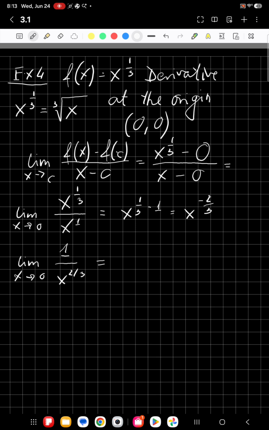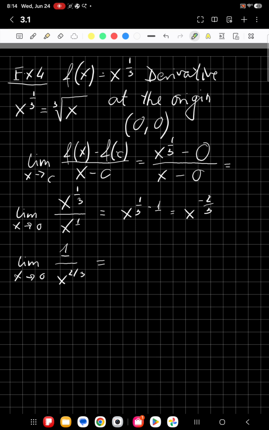Okay, so we can plug in some numbers, and if you do that, you'll see the denominator. You can plug in a couple numbers, use a calculator, and plug in numbers that are close to 0, like say 0.001, etc. From left or right, it doesn't matter. If you do that, you'll see that this will be getting smaller and smaller the closer you get to 0.